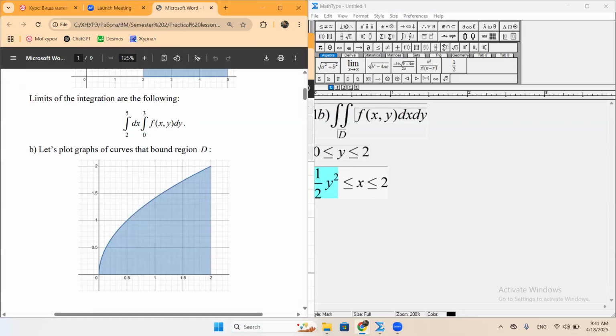we define y as an outer variable. So we go from the top to bottom, and we just substitute numbers. And x depends on y, so we go from the left to the right, from 1 over 2 y squared to 2.